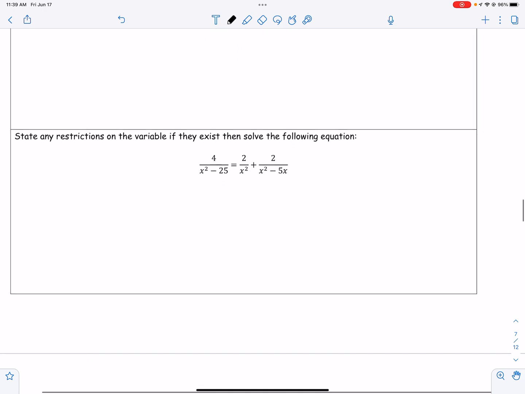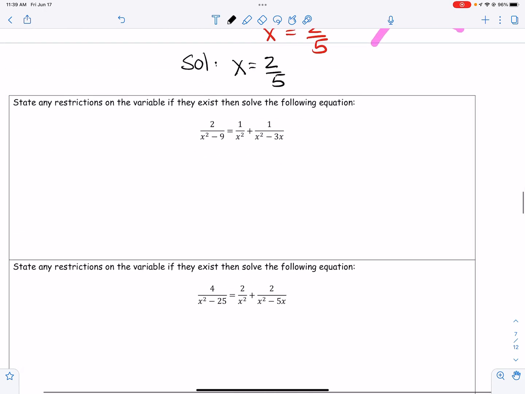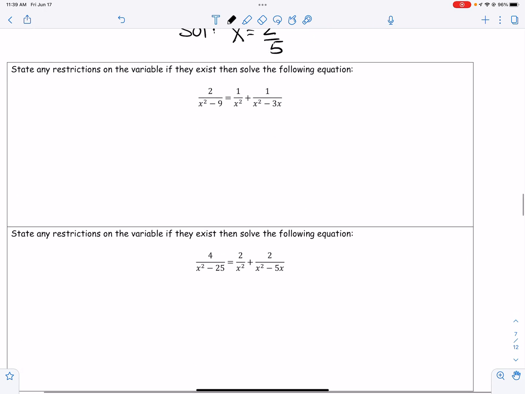Now, these two are very similar. And so once you do one, you're going to kind of get the hang of the other. The first thing I would do is make sure that everything is factored, so that when I look at my restrictions, now x squared is just x times x, and then this is x times x minus 3. So my restrictions are as follows.